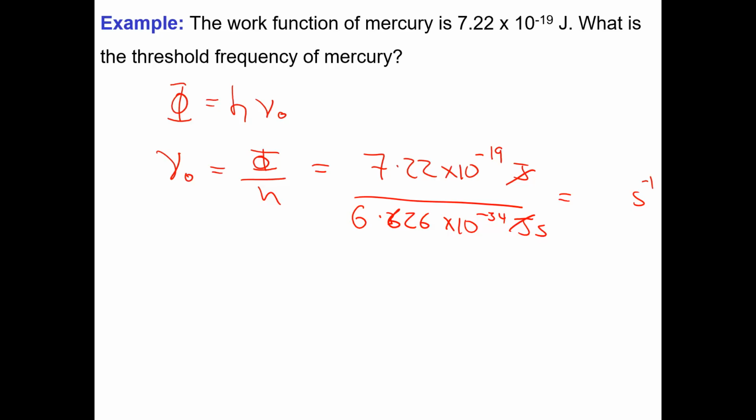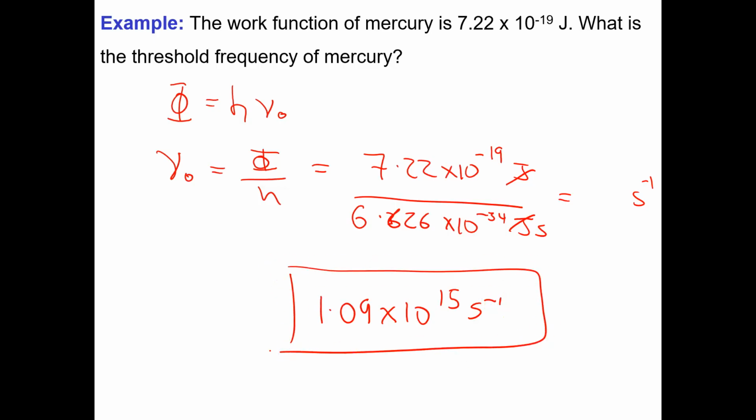So let's see what we get here and if it agrees with that. And so I ended up with, to 3 significant figures, 1.09 times 10 to the 15 per second. And that's pretty close to 10 to the 14. So I feel comfortable with that answer.